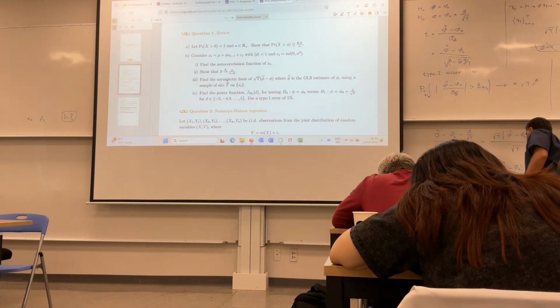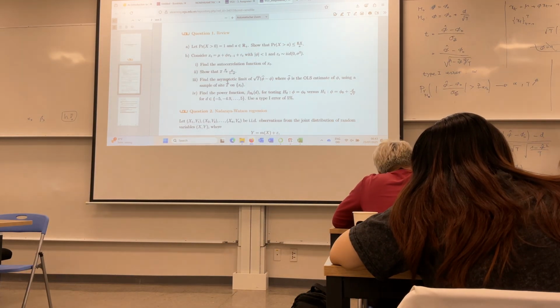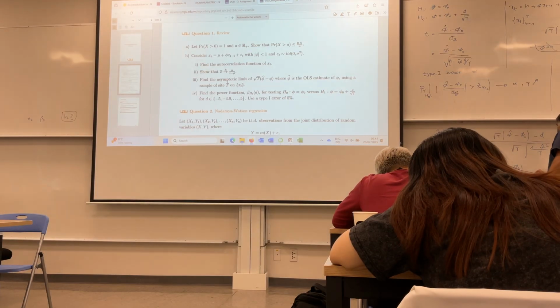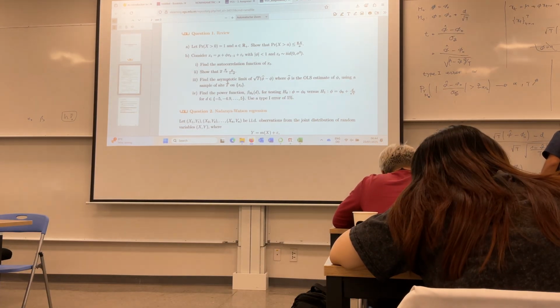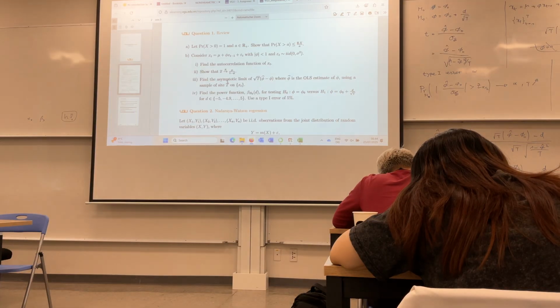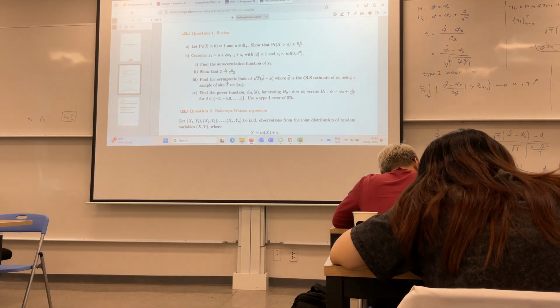Then we have square root of 1 minus phi hat squared for the first term. Now minus d divided by square root of T, this again cancels, and then we have the square root of 1 minus phi hat squared.